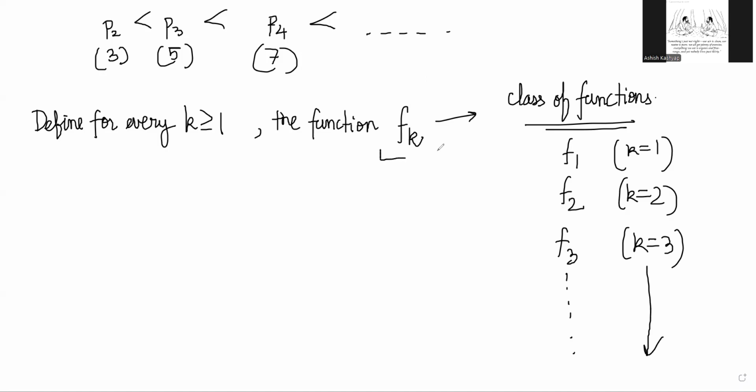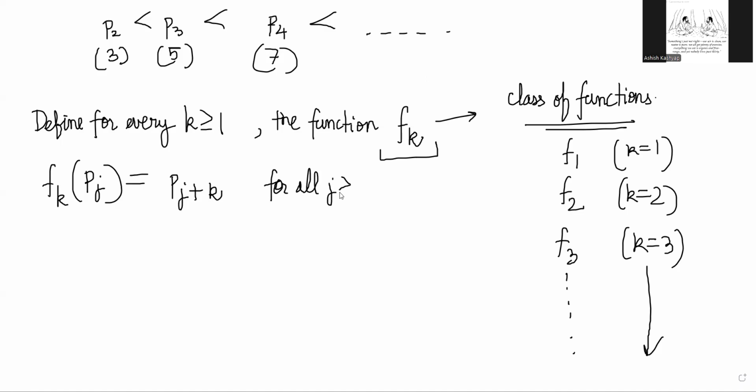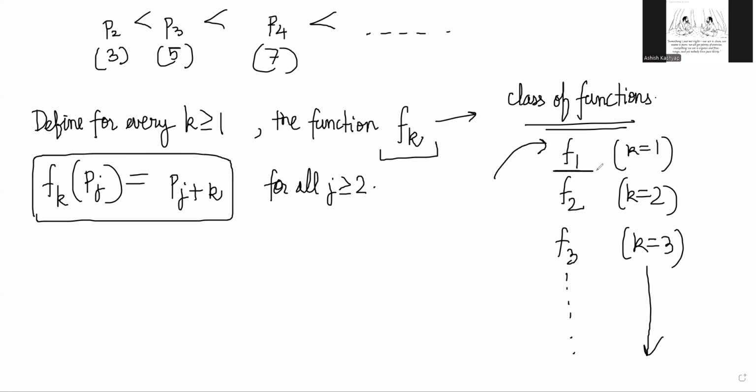And what is the way in which I am defining these functions? I am going to say f of k of p of j is always equal to p of j plus k. You can define it in other ways also, but this is one particular way of defining it for all j greater than or equal to 2. What does this statement mean? So let's try to analyze one particular function, f of 1.